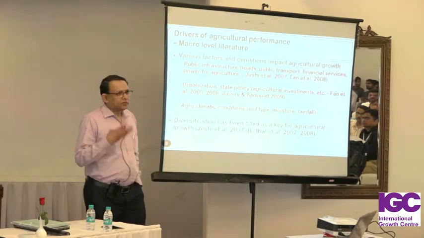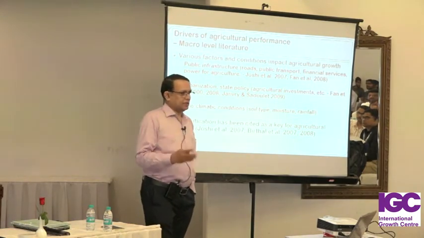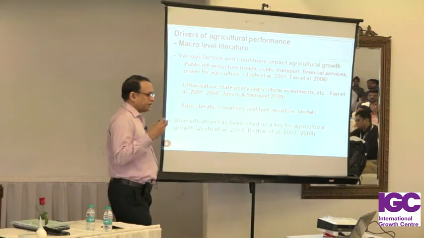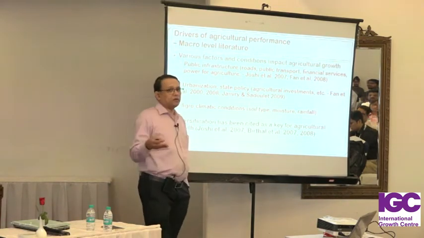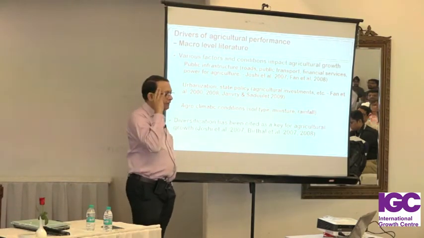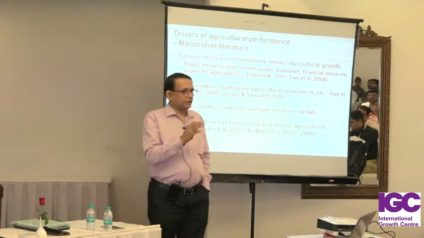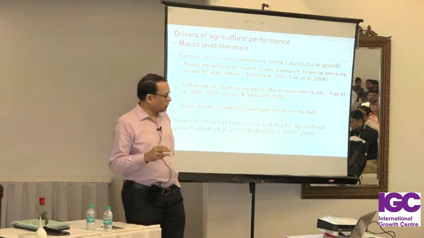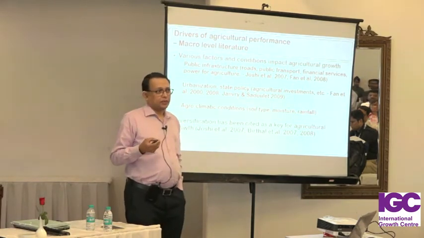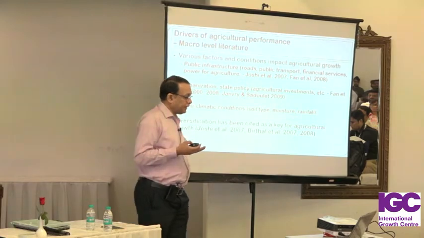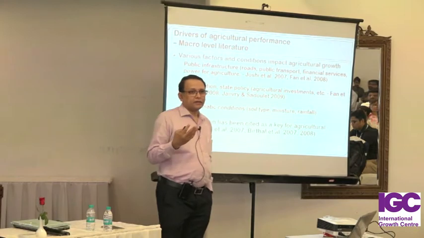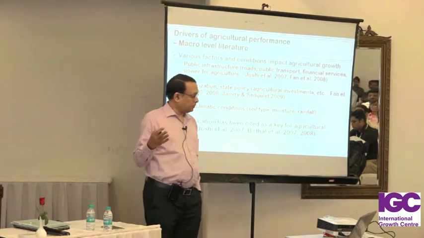The most important thing that people have laid stress on is public infrastructure, especially that which is relevant to agriculture. Okay. So you would find a lot of stress in the literature on roads, public transport, and then you will find financial services and power for agriculture. These are the things that people have talked about.